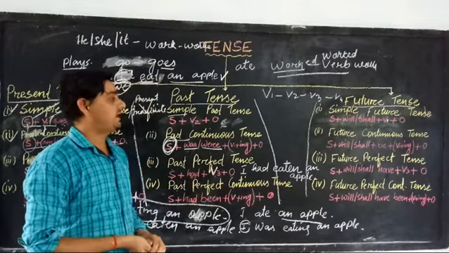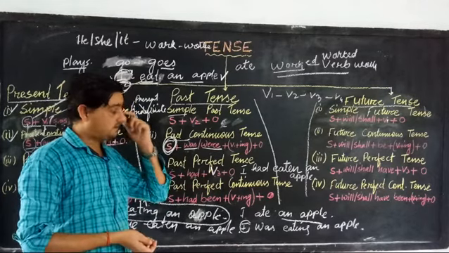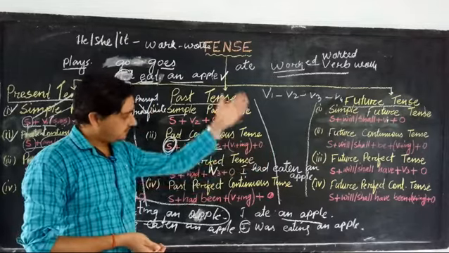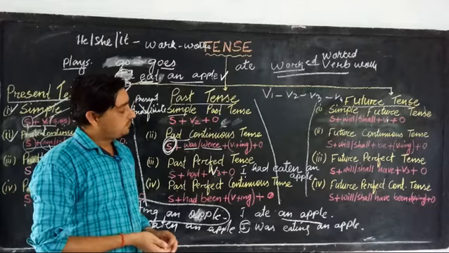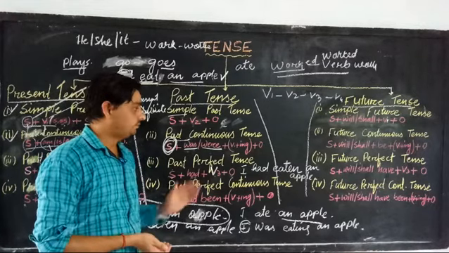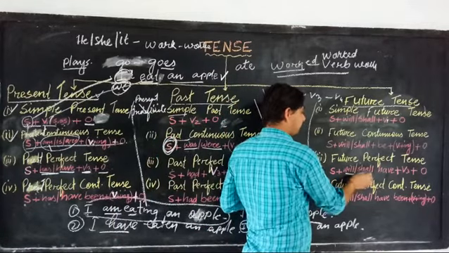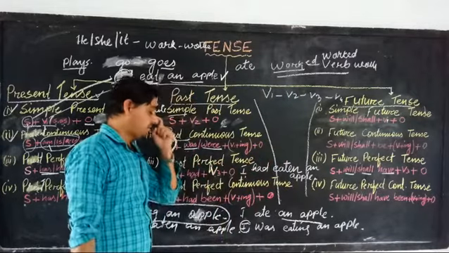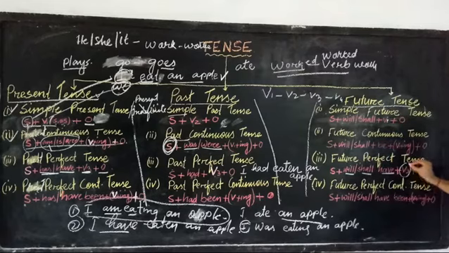Moving to the next tense, future perfect tense. Here what is the helping verb? The helping verb is the same everywhere: will or shall, it goes in all the tenses. But we will add have here. Will, shall, then have. Then which form of verb will we use? We will use the third form of the verb, V3.